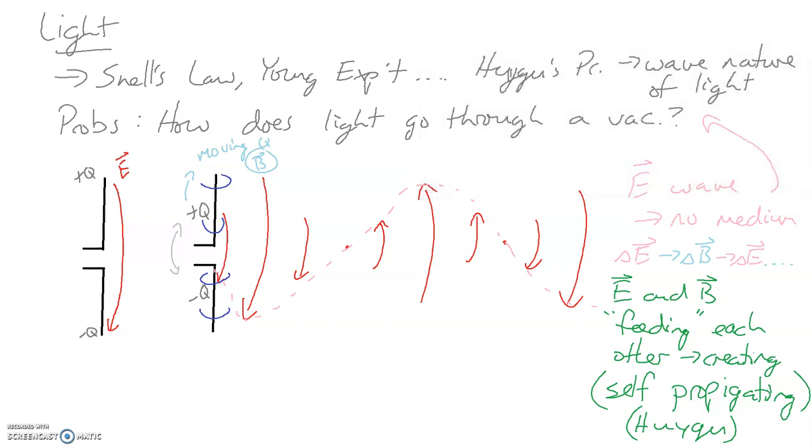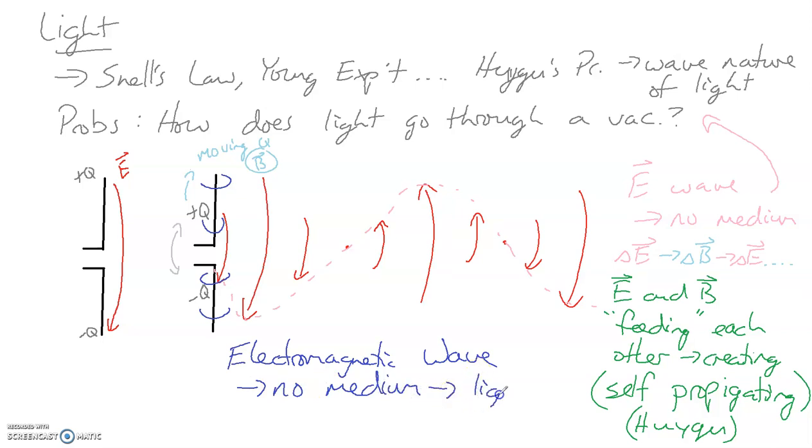So this whole idea is what's called an electromagnetic wave. And of course, electromagnetic waves do not require a medium. So it makes sense that this could possibly be light.